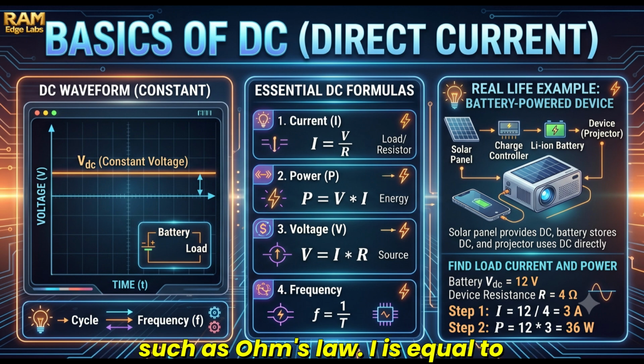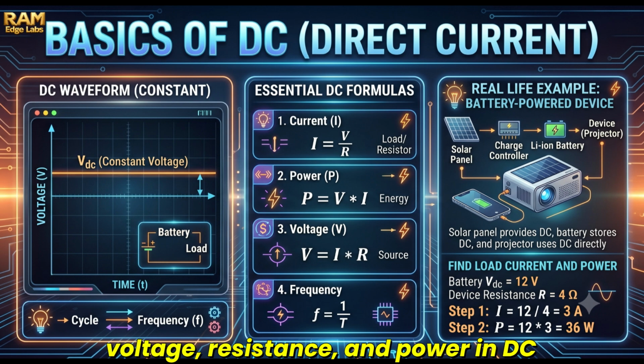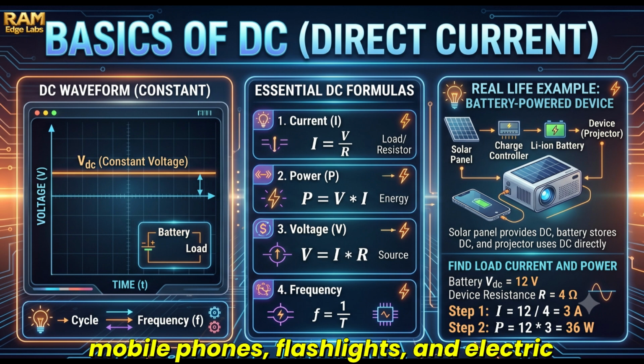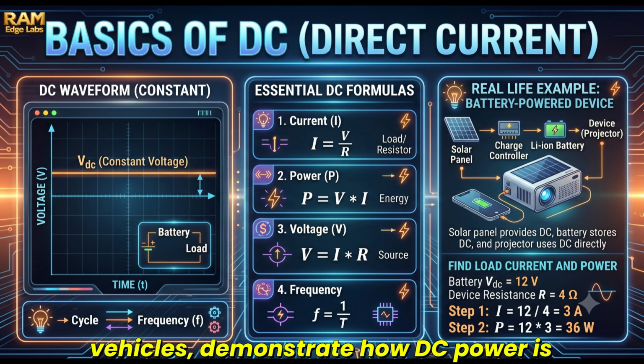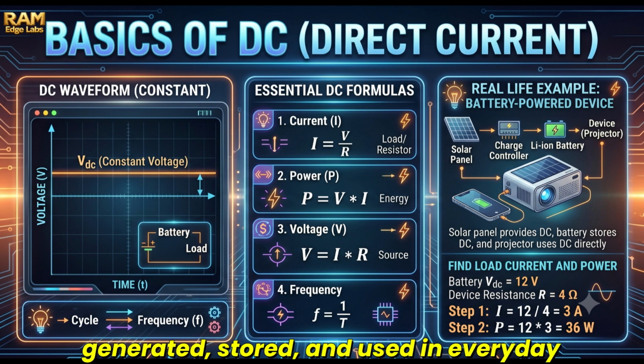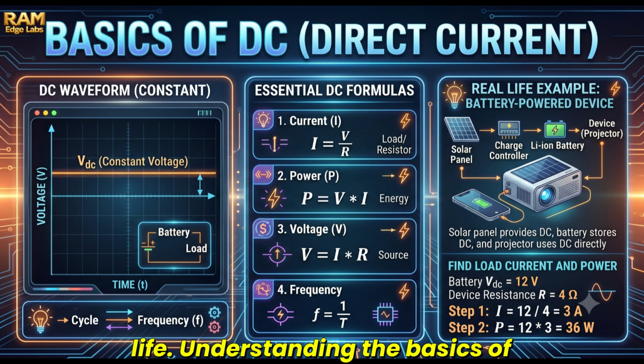Important formulas such as Ohm's law, I equals V over R and V equals I times R, and the power formula, P equals V times I, are used to calculate current, voltage, resistance, and power in DC circuits. Practical examples, including batteries, solar panels, mobile phones, flashlights, and electric vehicles, demonstrate how DC power is generated, stored, and used in everyday life.